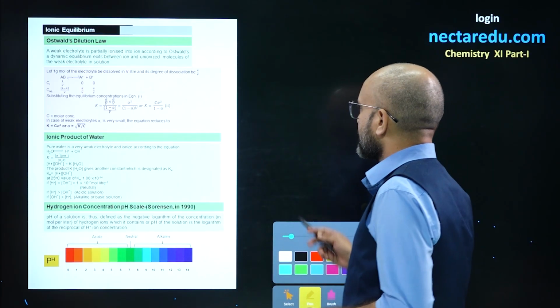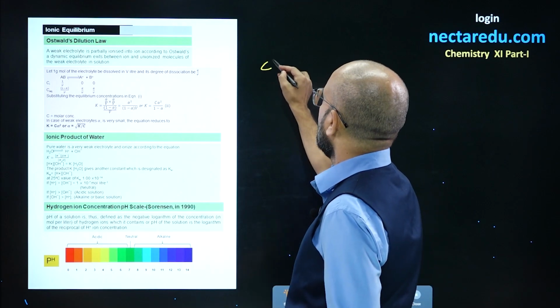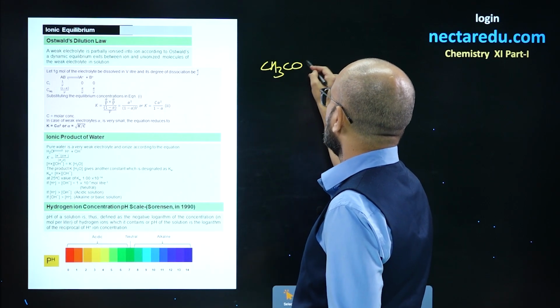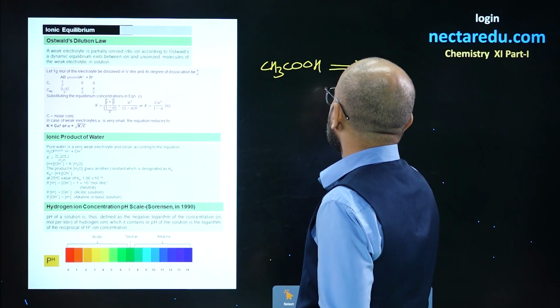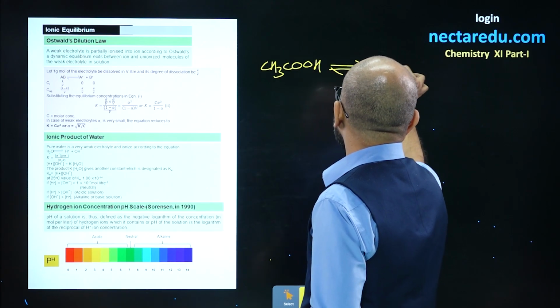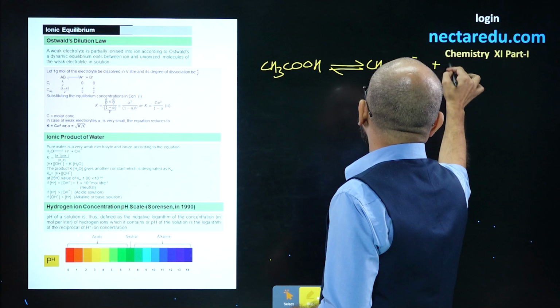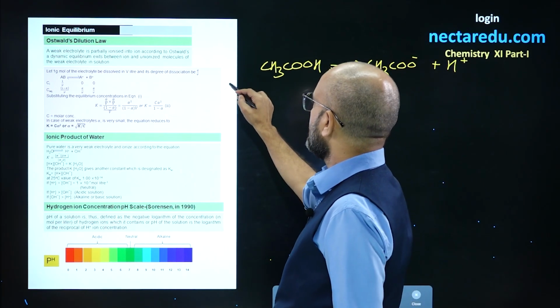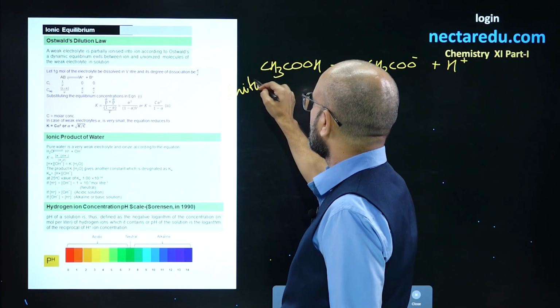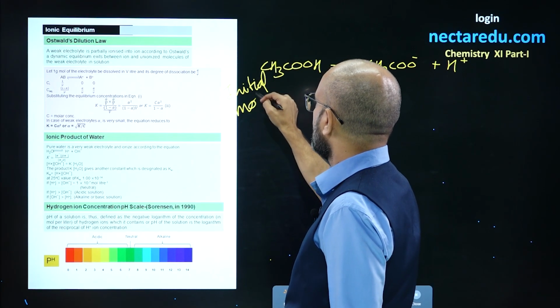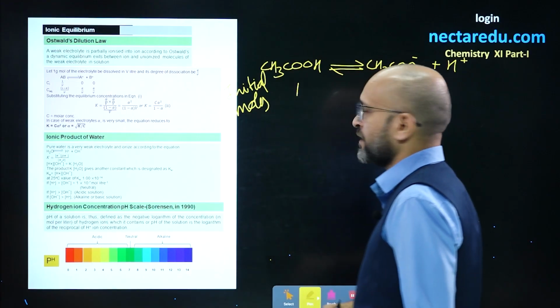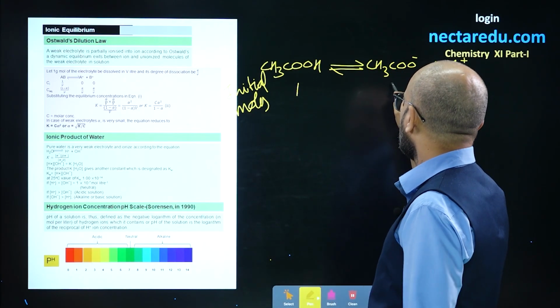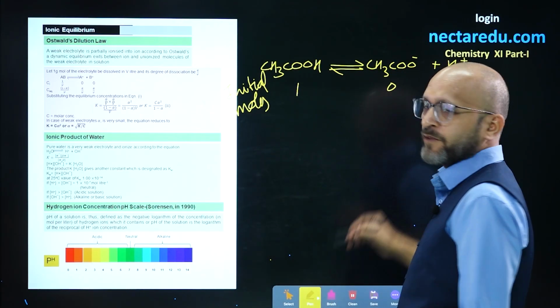For example, I'll take a weak acid, let's say acetic acid. So you have CH3COOH, it ionizes to give CH3COO minus and H plus. If initially the number of moles taken is 1 mole of carboxylic acid, initially there will be nothing formed out here.